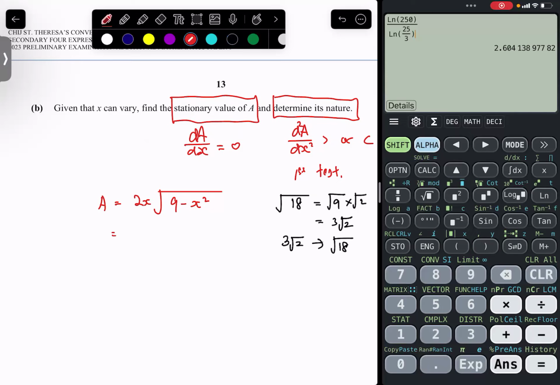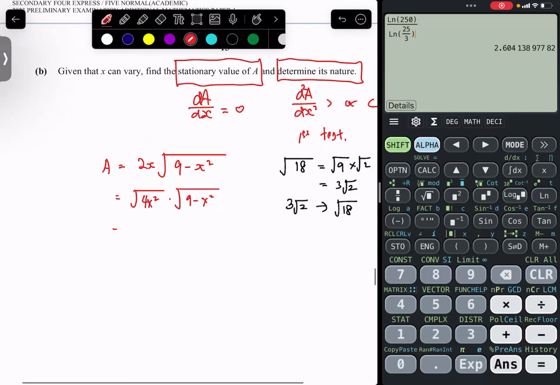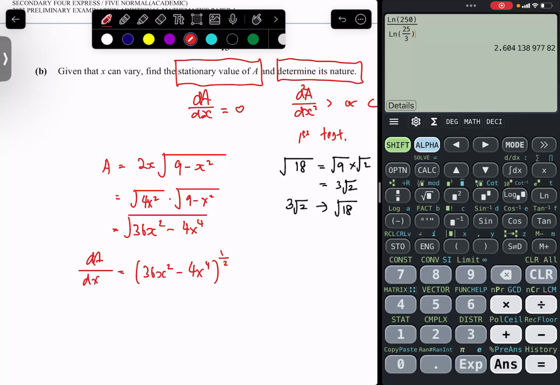Is it good? I'm not sure, but it's worth a try. So let's try. 2x squared is 4x squared. So square root of 4x squared multiplied by square root of 9 minus x squared. If I put it back in, that will be the square root of 36x squared minus 4x to the power of 4.